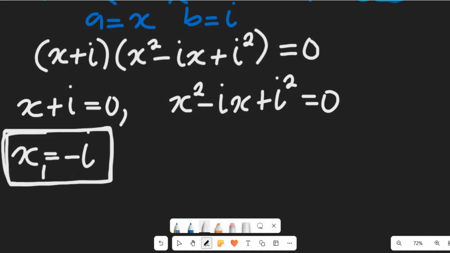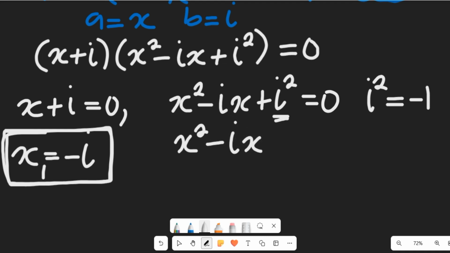Now let's come to the other side of the equation. Considering i squared, you recall what i squared is. i squared is equal to negative 1, according to complex numbers. So that expression will give us x squared minus ix minus 1 equal to 0.